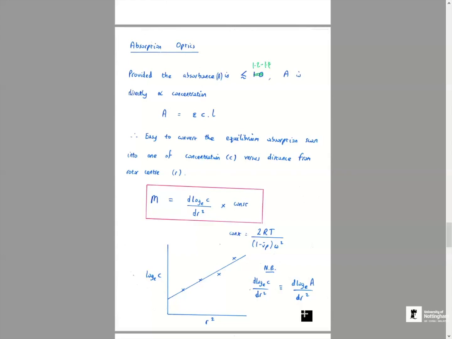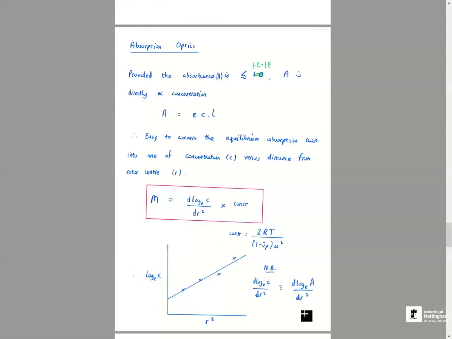Let's do the same thing for d log_e C / dr squared, which equals 1 over C, dC / dr squared, so 1 over r, 1 over r dC/dr.